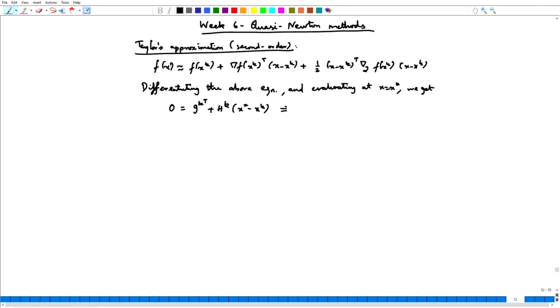And from here we actually got this direction to be d k equal to minus h k inverse g k, right. So, this was the basis of Newton's method.